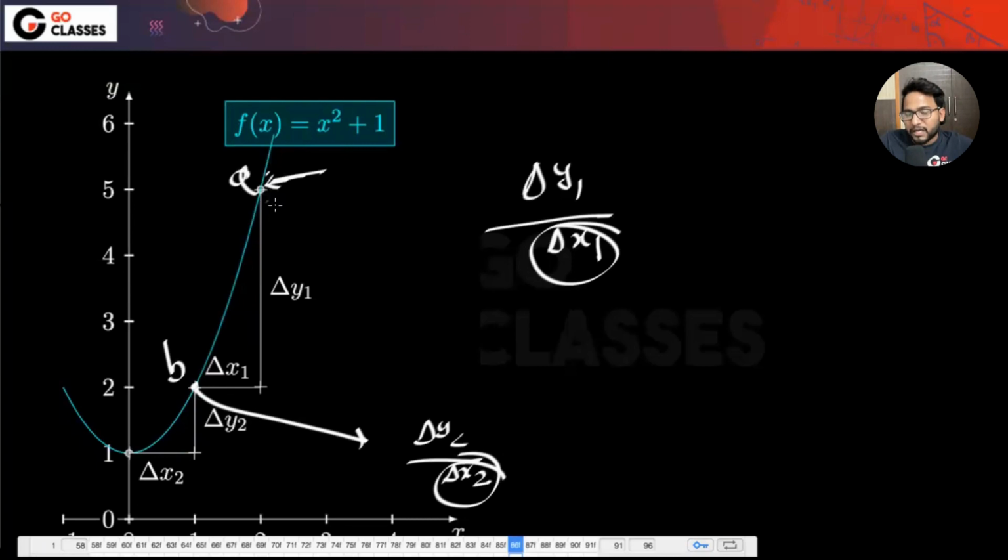If you increase the value of x from here to here, by the same amount of x, the y got increased too much, compared to this particular point where you increase x by the same amount and y increased just a little. So that's what we say: at this point the slope is steeper. Why is it steep? Because the function is rapidly increasing.